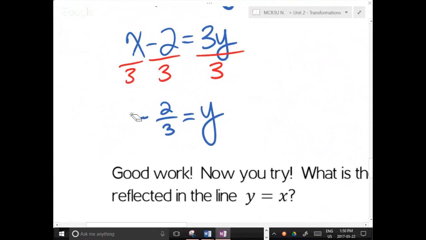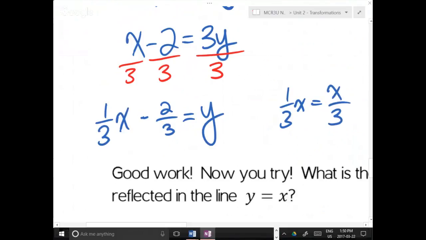X over 3 minus 2 over 3 equals y would be completely correct. It's just that usually, when we have the equation of a line, y equals mx plus b, we write the slope in front of the x. So it is mathematically the same thing to say 1/3 x as x over 3. It's just two ways of writing the same fraction.